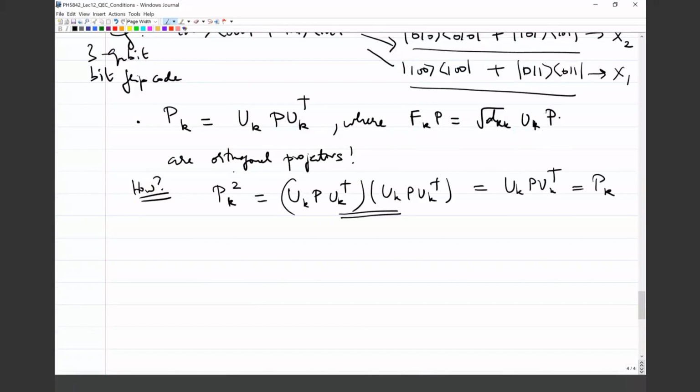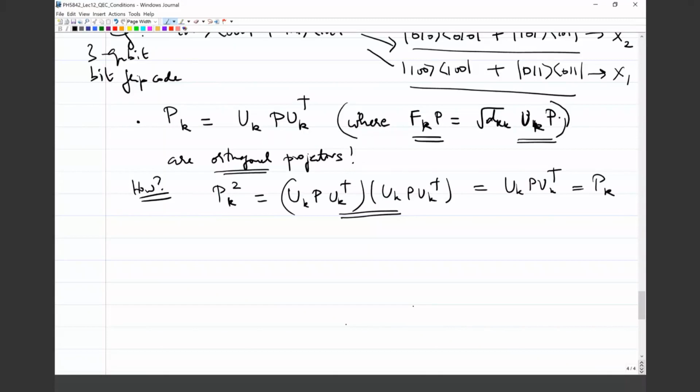And then I'm going to say that they're orthogonal projectors. Well, they're orthogonal because the F_k's don't have an overlap with the F_l's. So when k and l are distinct, the error operators don't have an overlap. So the corresponding unitaries should not have an overlap, right? So the associated projectors should not have an overlap.